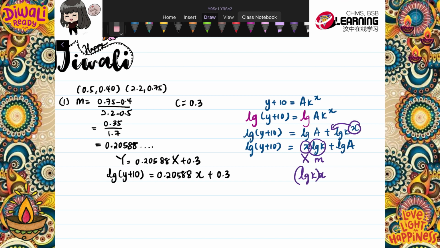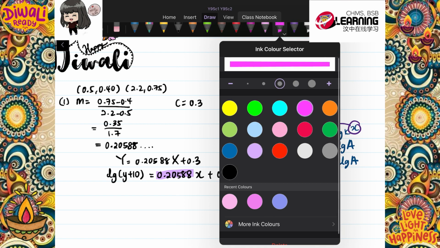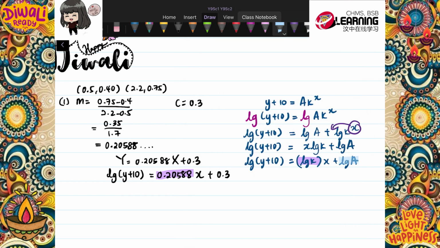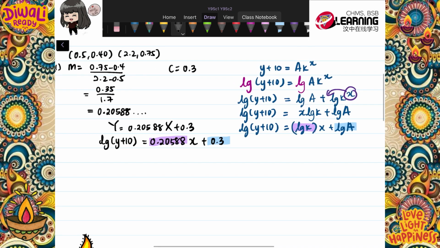If you want to see a clearer version, I'm gonna write like this: log k bracket x plus log a. So my log k is equal to this. I can compare now, and log a equals 0.3.